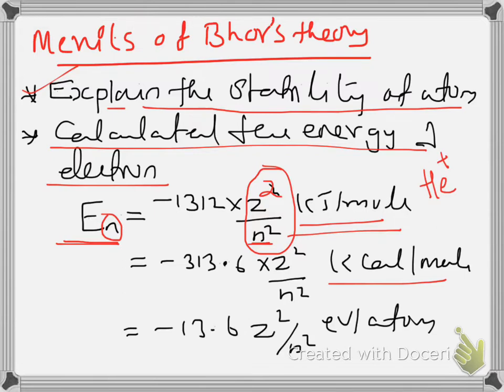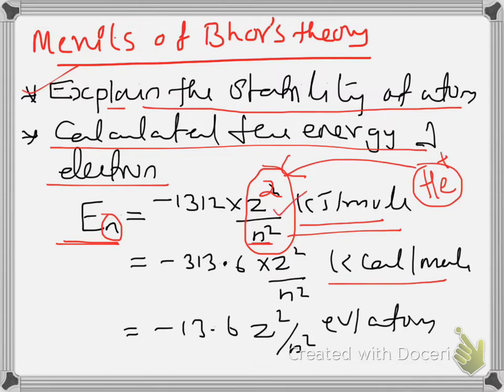Why? Because it contains only one electron, as hydrogen does. The atomic number of helium is 2, but the electron count is 1 in He plus. So in the case of helium, we have to put Z square as 2 square by n square.